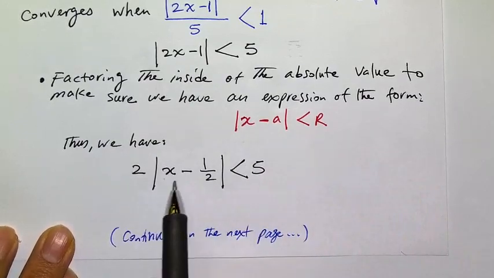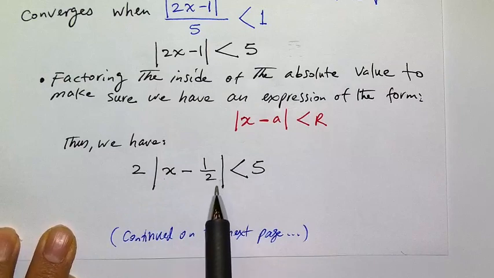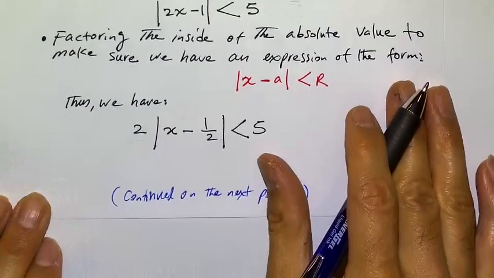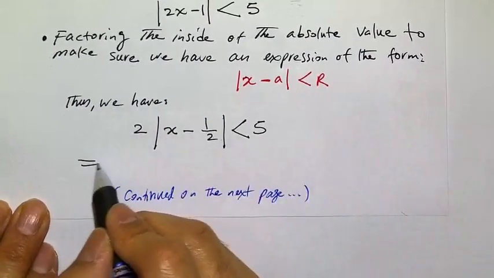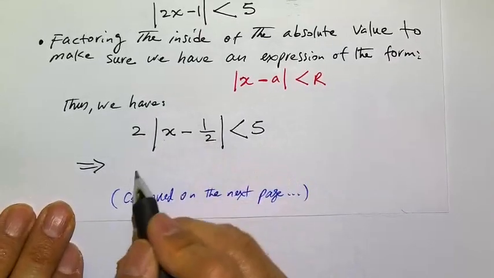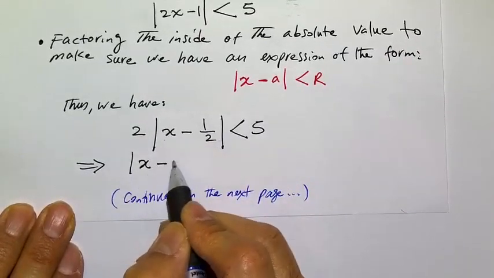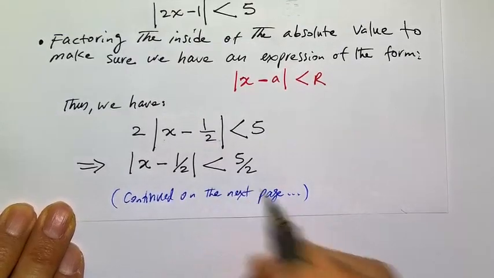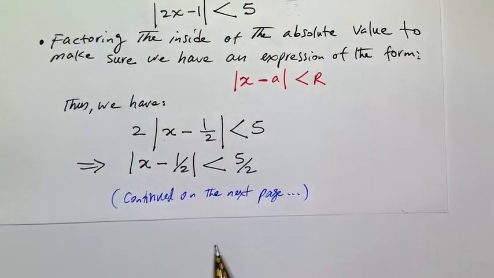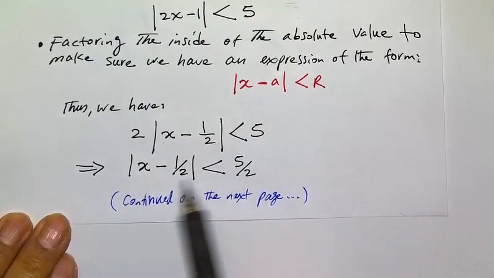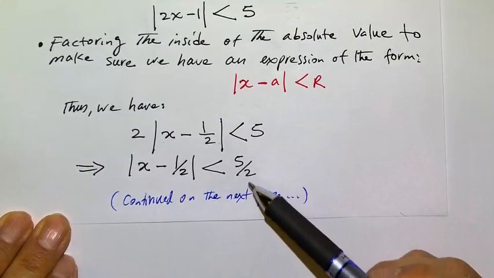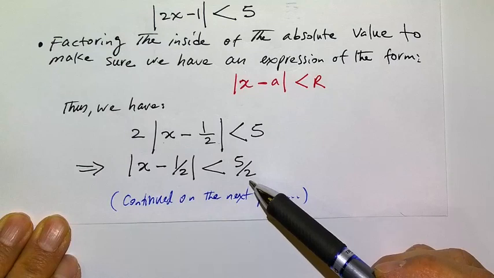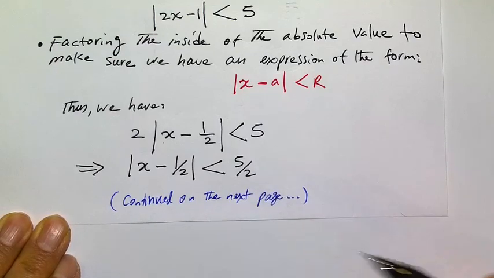And of course we then divide both sides by 2. So we have the absolute value of x minus 1/2 is less than 5/2. Now, since we have this expression that looks like that, we can conclude that the radius of convergence is 5/2.